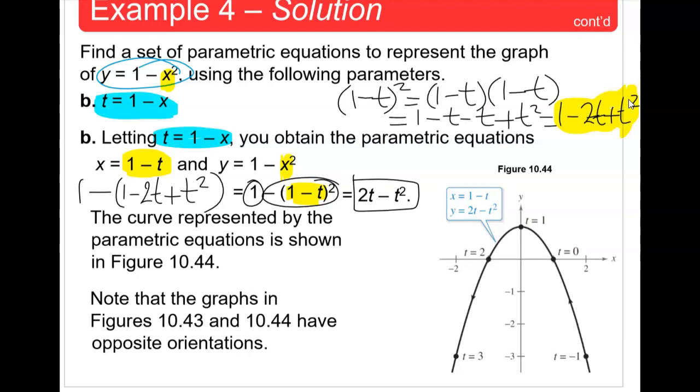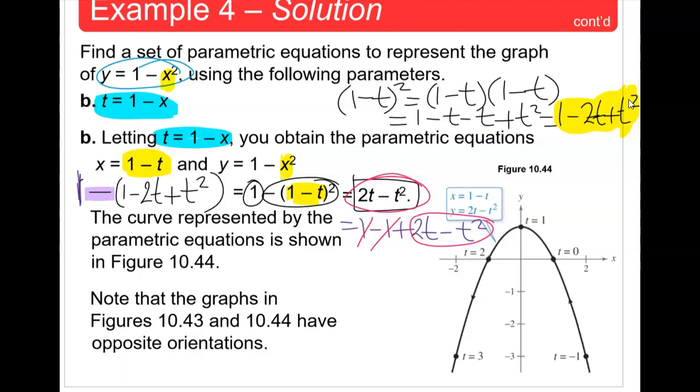After distributing the negative sign that we see here, this will be 1. We cannot forget about this 1. So it will be 1 minus 1 plus 2t minus t squared. And of course, you can see clearly the 1 and minus 1 will cancel out because they equal 0. So the solution is right here. I just wanted to make sure you understood every step.